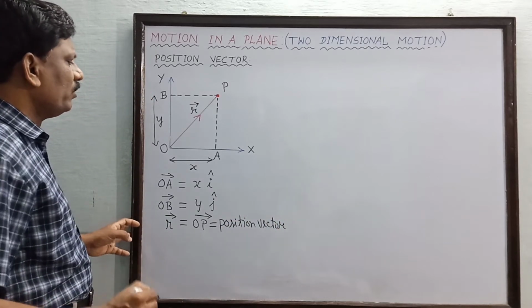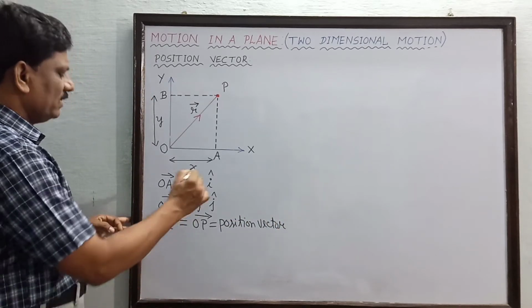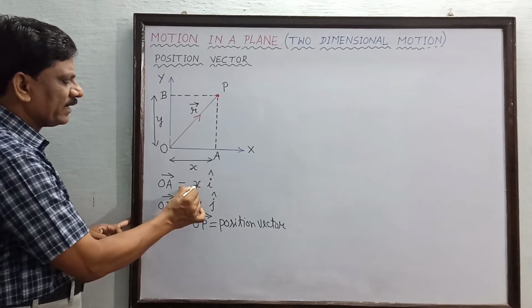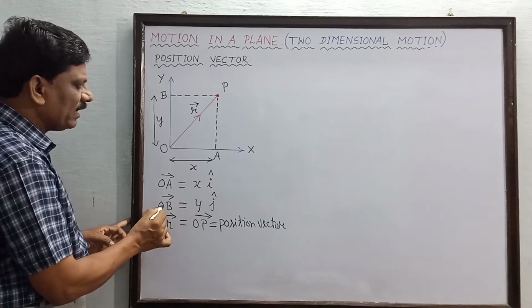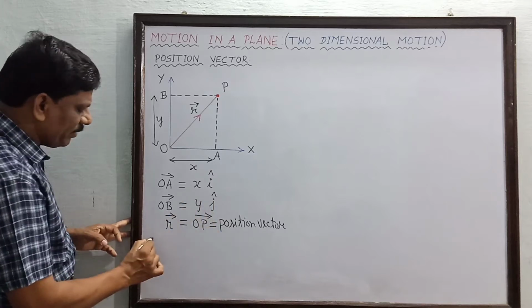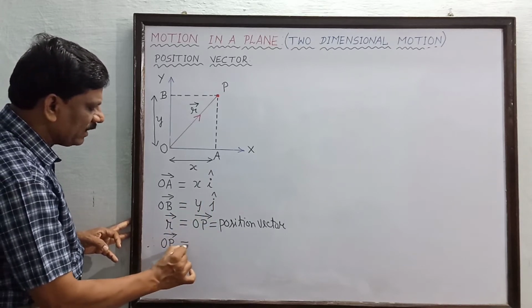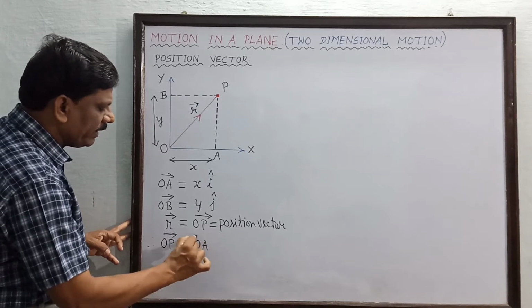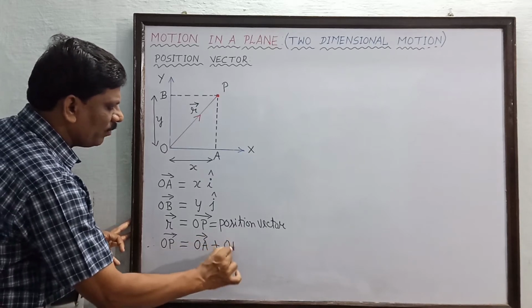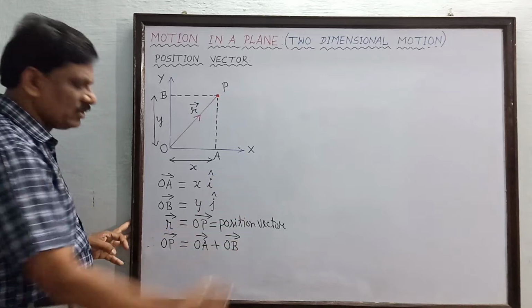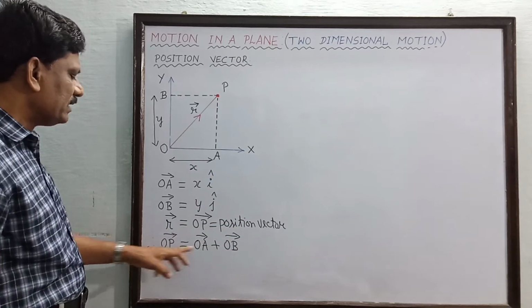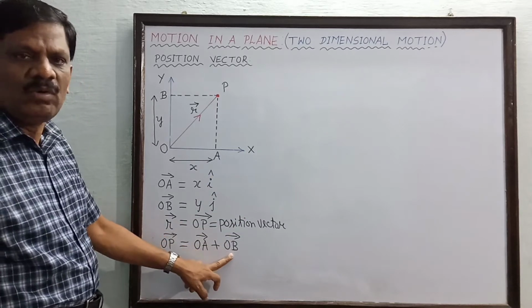Now you will see that this OA vector is x into i cap, OB vector is y into j cap. Therefore, this OP vector is equal to OA vector plus OB vector. So the position vector OP is equal to OA vector plus OB vector.